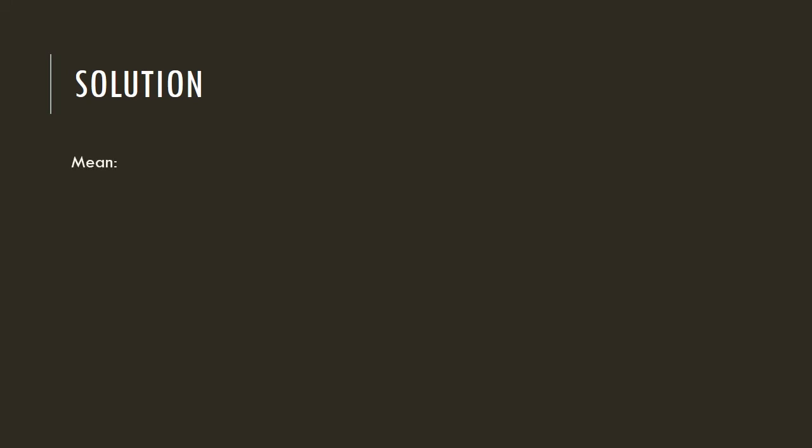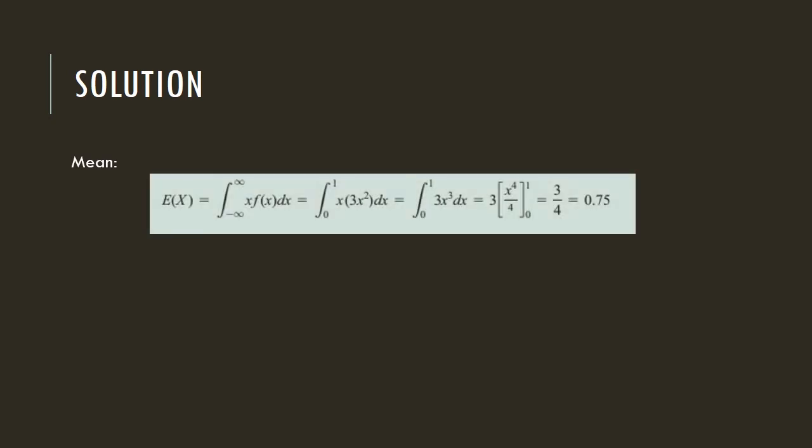To calculate the mean, we will use the formula we discussed earlier. So by direct substitution, we get the integral between 0 and 1 of x times 3x squared. By simplifying, we get the integral from 0 to 1 of 3x cubed.